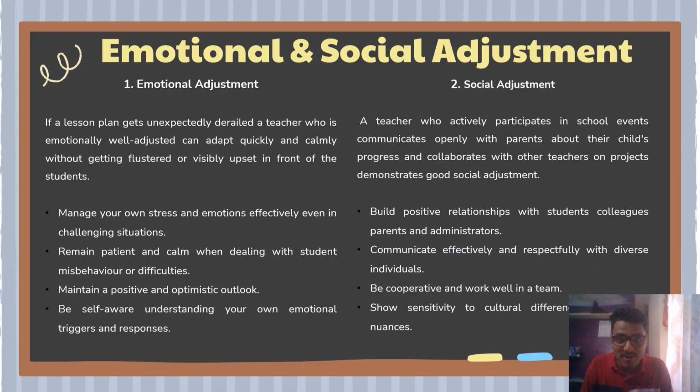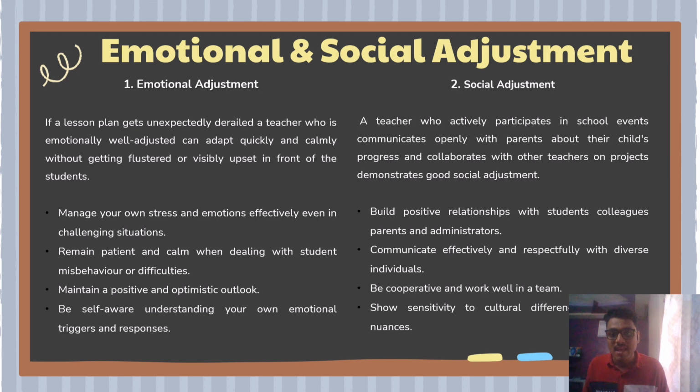Remain patient and calm when dealing with student misbehavior or difficulties. Maintain a positive and optimistic outlook and be self-aware. Understand your own emotional triggers and responsibilities. Social adjustment. A teacher who can effectively participate in school events, communicates openly with parents about their child's progress, and collaborates with other teachers on projects demonstrates good social adjustment.